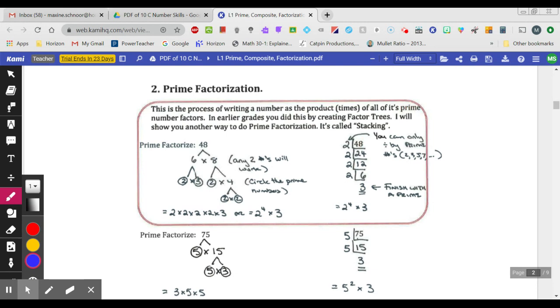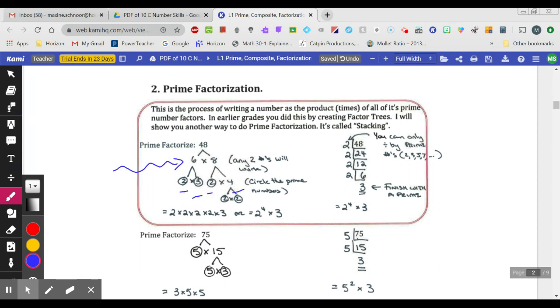Prime factorize 48. The way a factor tree works is you just have to think of two numbers that multiply to give 48. It could be 6 and 8, which is what I've used here. Since 6 and 8 are not prime numbers, we break them down. 6 breaks down into 2 times 3, and 8 breaks down into 2 times 4.